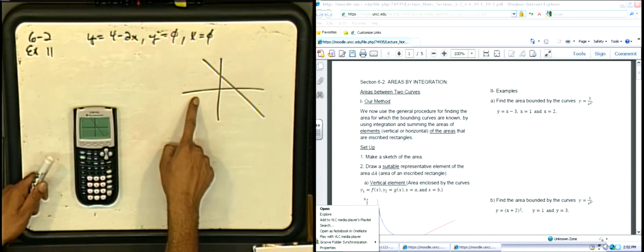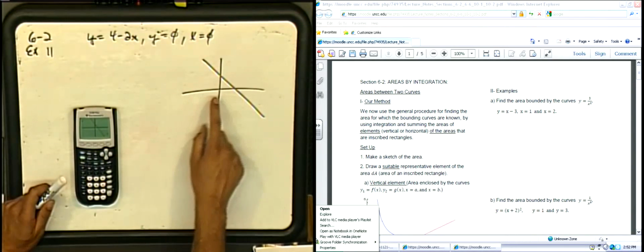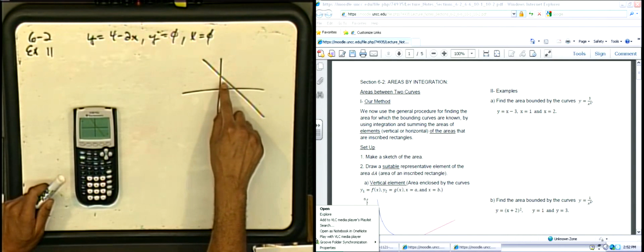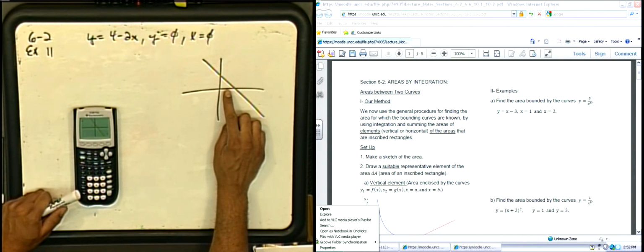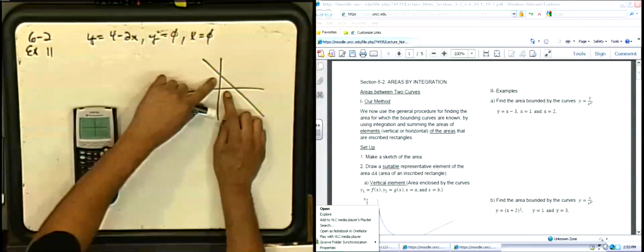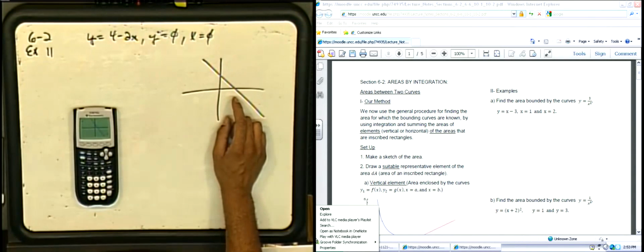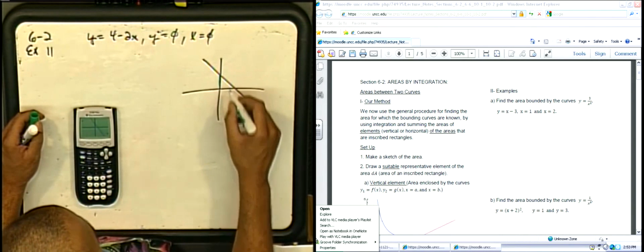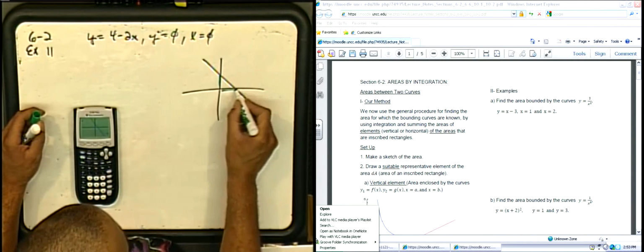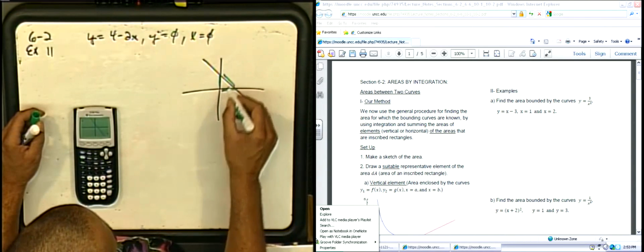X equals 0 is the y-axis. So you want the area bound in here. Y equals 0. X equals 0. This is x equals 0, y equals 0, in this function.